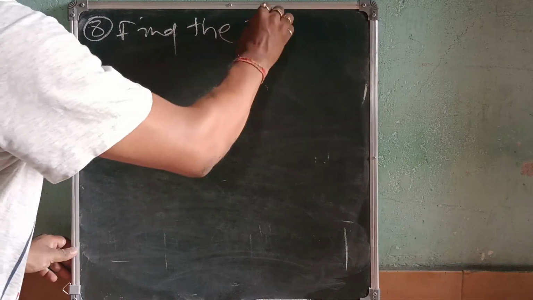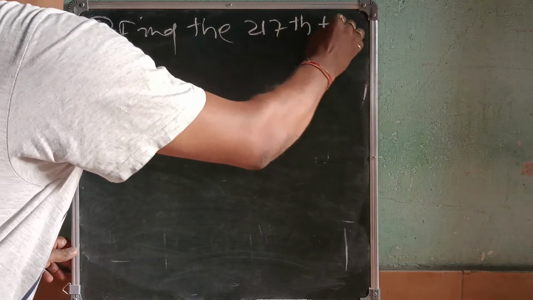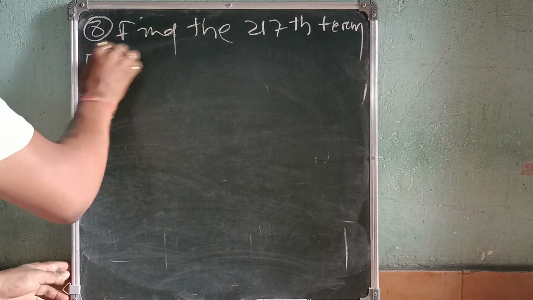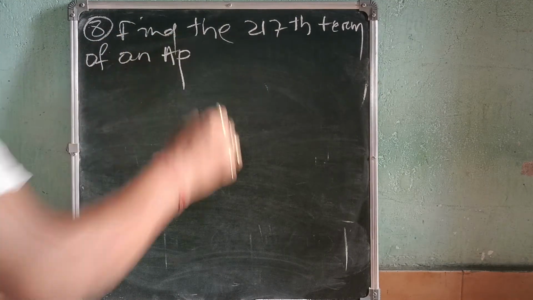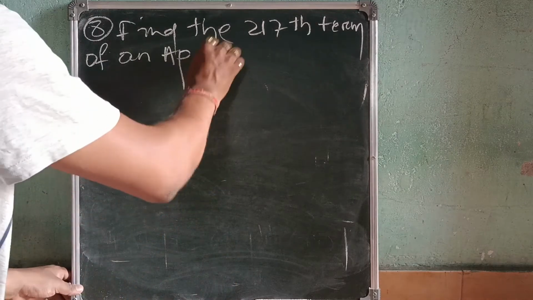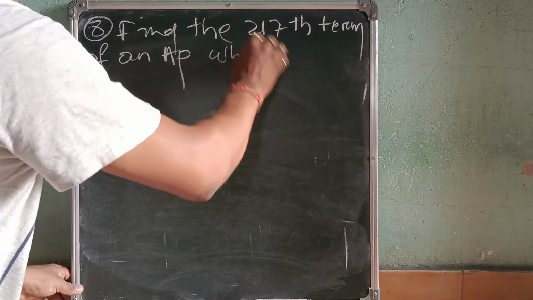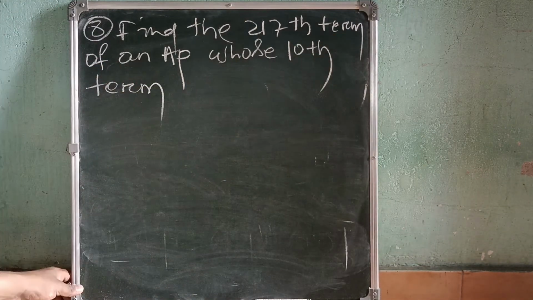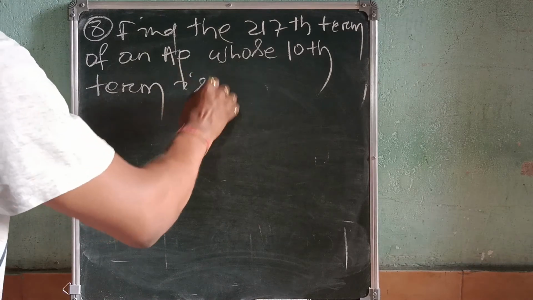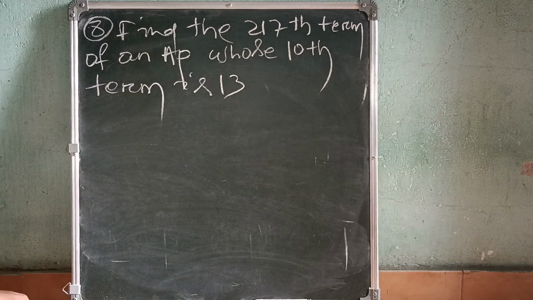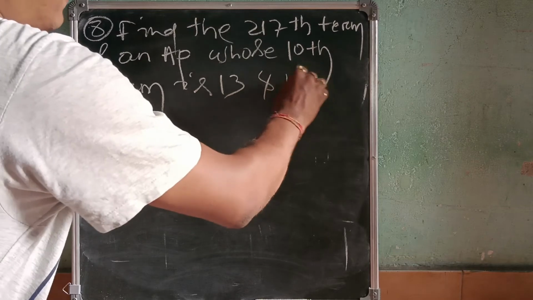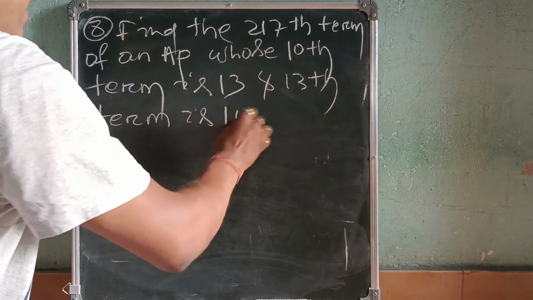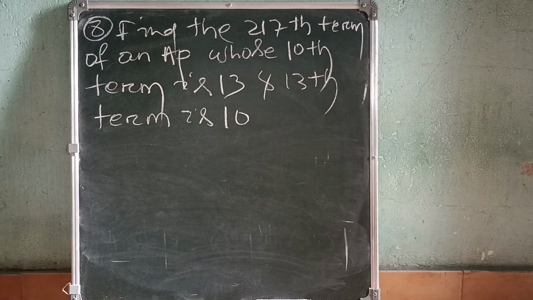Find the 217th term of an AP whose 10th term is 13 and 13th term is 10.